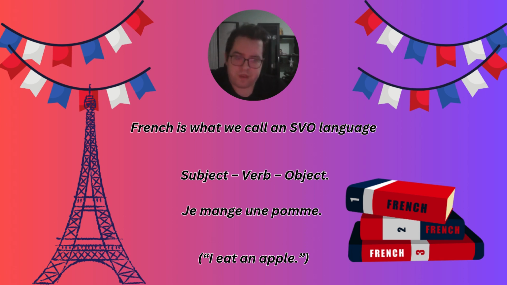So the first sentence that we have here is a declarative sentence because it affirms something, and declarative sentences are made of the standard structure: subject, verb, object. In this case, we identify je as the subject, I, and mange as the verb, eat.